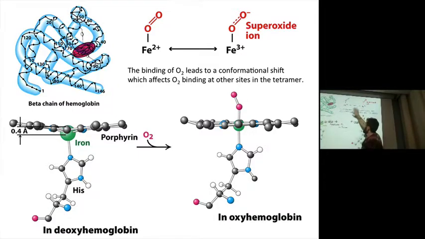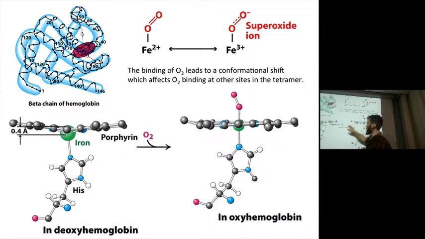It is this resonance stabilization which changes the oxidation state of that coordinated iron. And by so doing, it's going to change the electron distribution, the electron cloud around that iron.